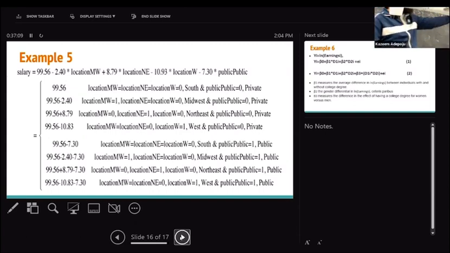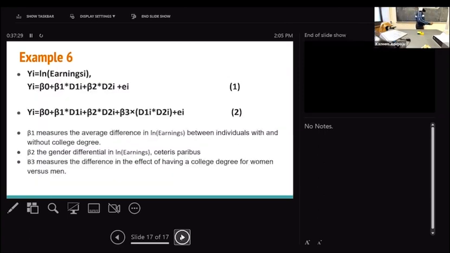What I'm displaying on the board is just the average salary for each of those, which means I'm actually using the combination of the estimate and the intercept of the estimate of the regression parameter. Look at the last one. I want to walk you through it.